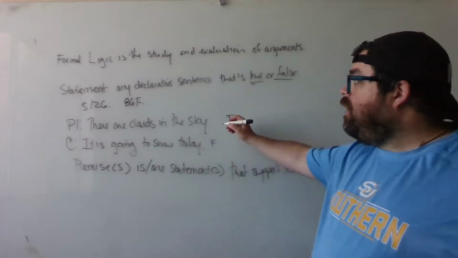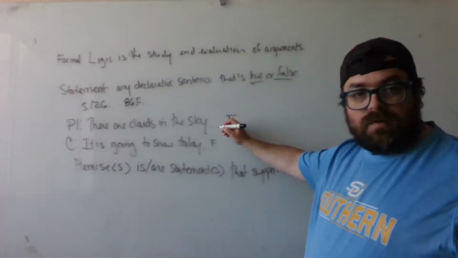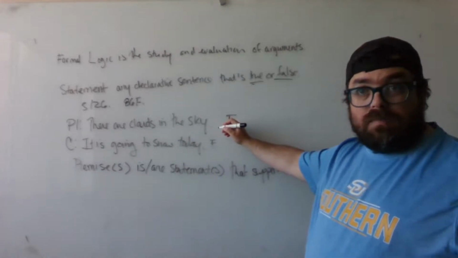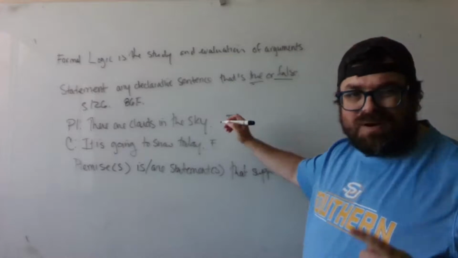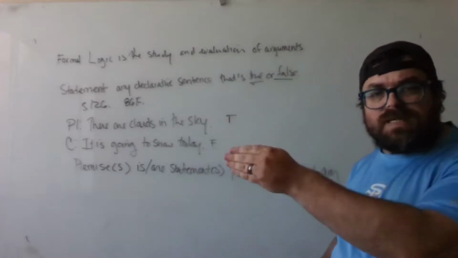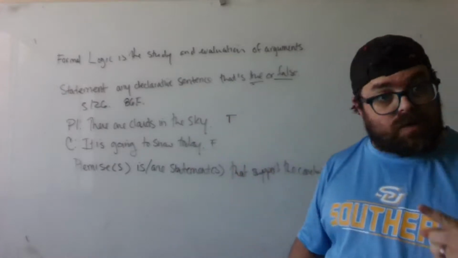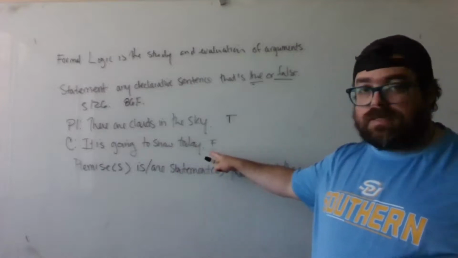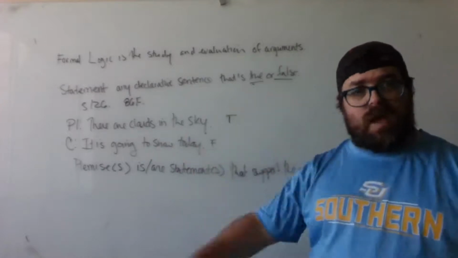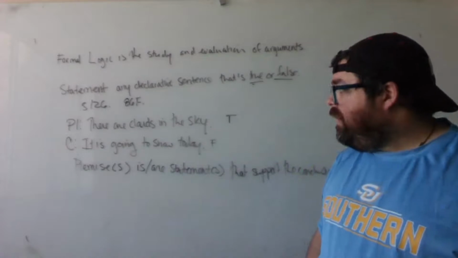So the premise would support an argument that would say it's snow, but you would need other premises in addition to the fact that there are clouds in the sky to support this as the conclusion, and the conditions would have to be right for it, right?